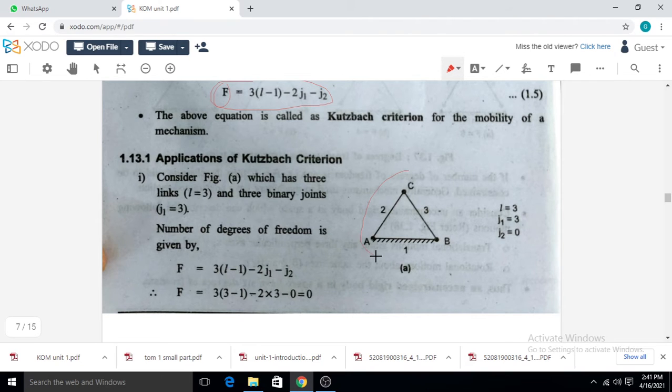Let us consider one example. In this example, we have to find the degree of freedom. Here the number of links is 3: link 1, link 2 and link 3. So L is equal to 3.